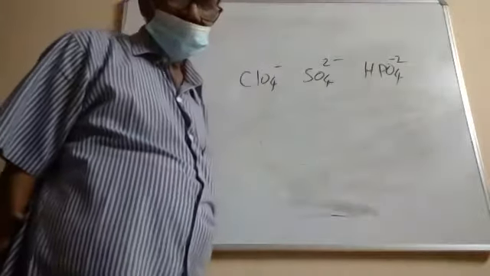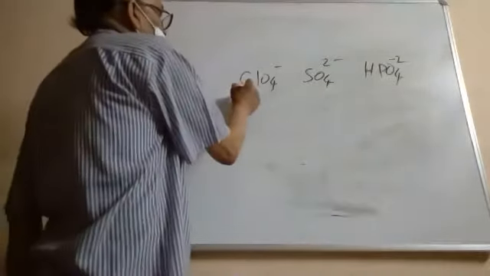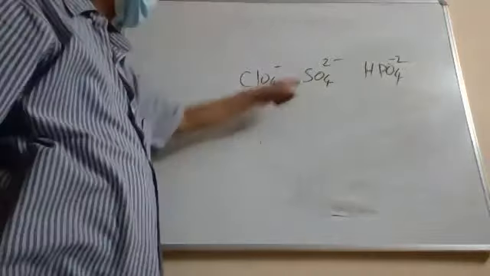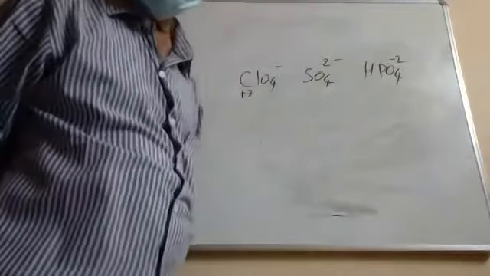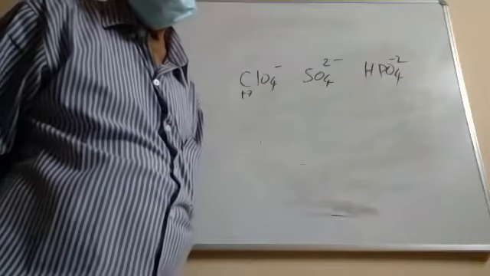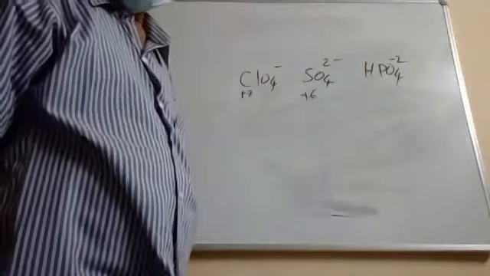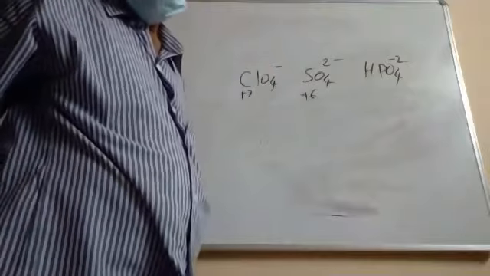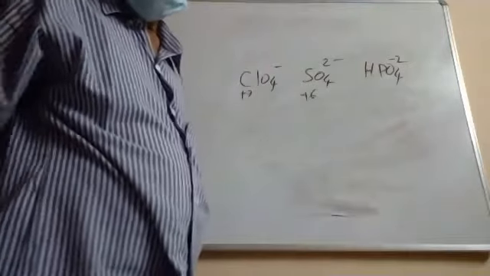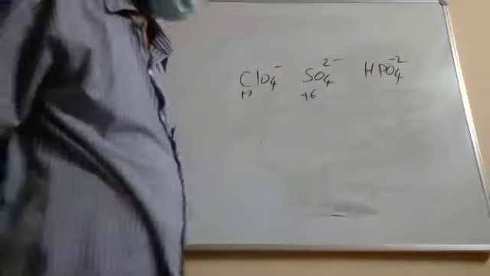So we now have chlorine, sulfur, and phosphorus. So what's the oxidation state of chlorine here, folks? +7. How about sulfate? Oxidation state of sulfur in sulfate is +6. You're correct. Thank you. How about HPO4 2 minus, monohydrogen phosphate? +5. You're absolutely correct.